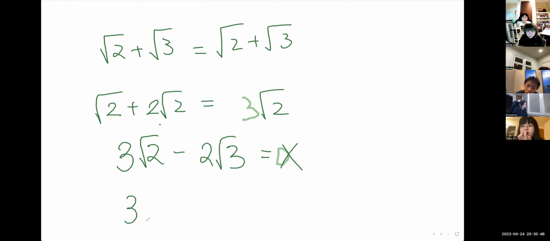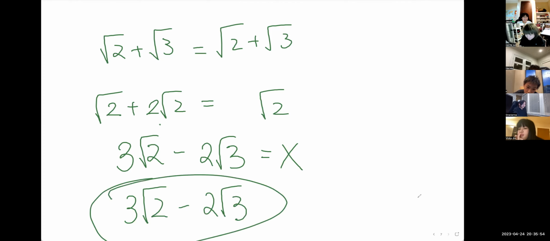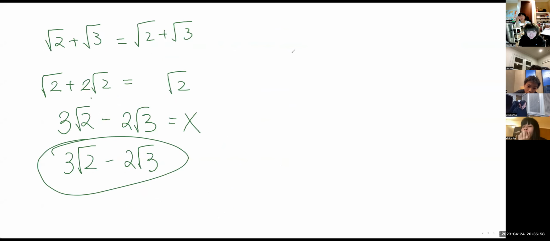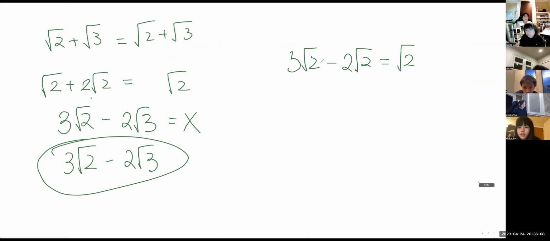Just like that, they cannot be subtracted. The only thing that can be subtracted is 3 square root 2 minus 2 square root 2 equals what? Everybody? Just square root 2. Very good, because it's 3 square root 2 minus 2 square root 2 equals 1 square root 2.